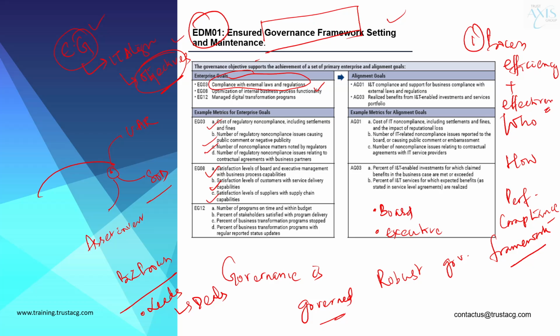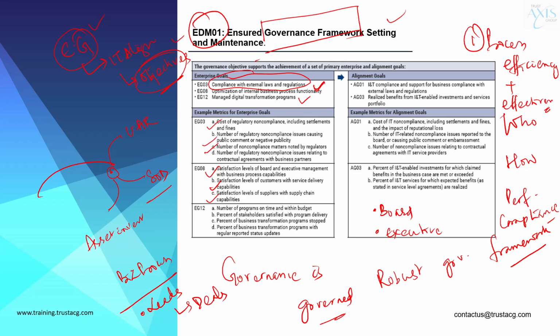And the third piece is the satisfaction levels of the suppliers within the entire supply chain capabilities ecosystem, right? Together, these show whether governance is driving measurable improvements in the operational outcomes, right? That was the second enterprise goal that this particular enterprise objective is targeting.